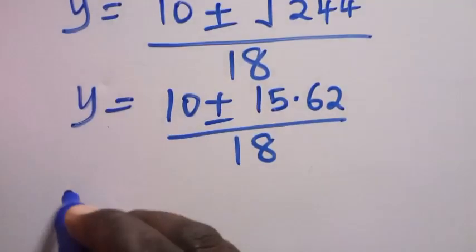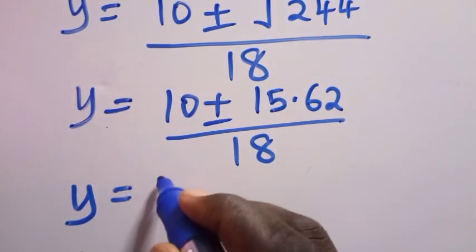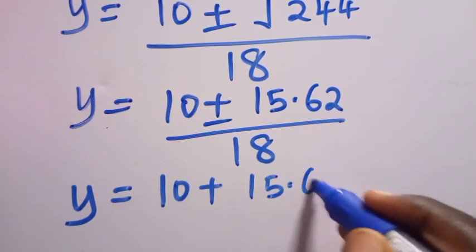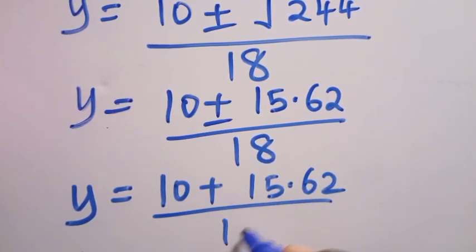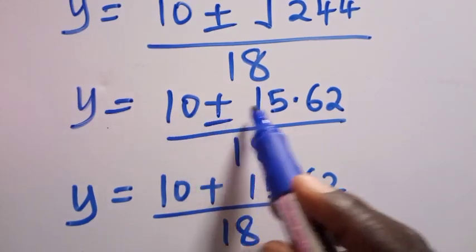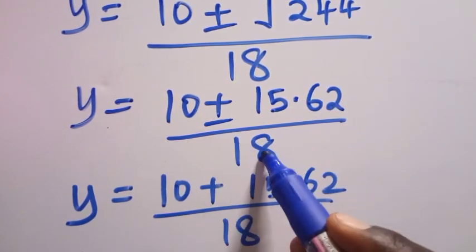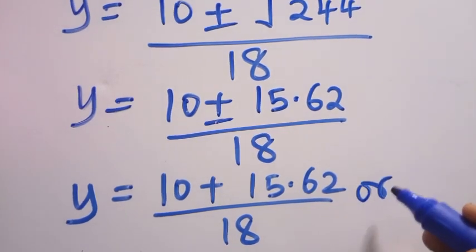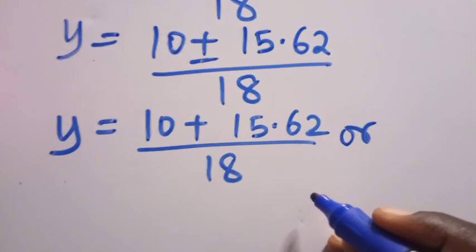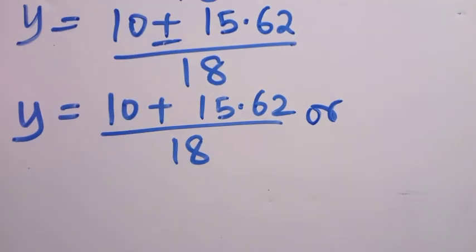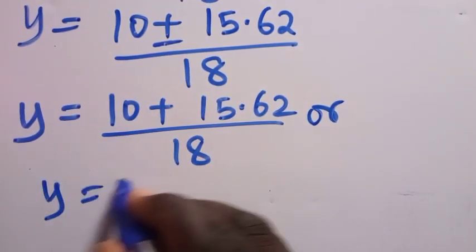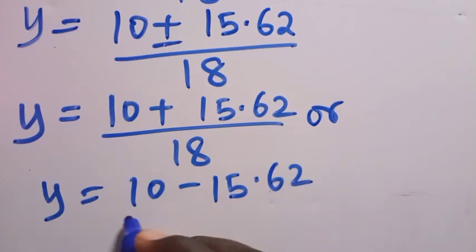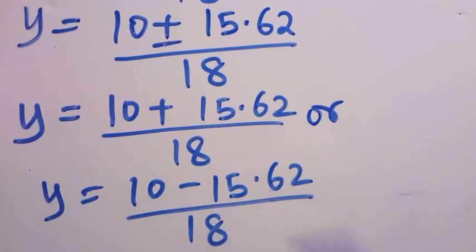Now from there, the value of y will be 10 plus 15.62 all over 18, or 10 minus 15.62 all over 18.